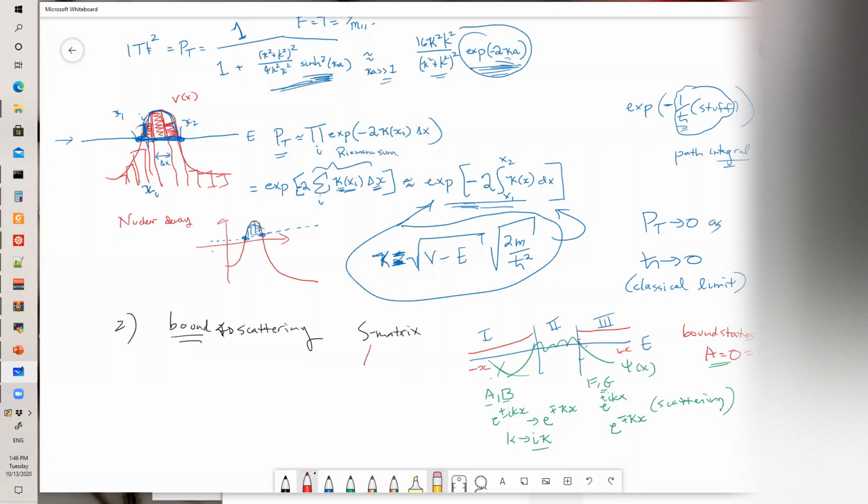And if we recall the S matrix, what does it tell us? The S matrix connects the in and out states. It takes the in states, which in this case are A and G, and connects them to the out states, which are B and F, the reflected and transmitted waves. So what would the S matrix be for a bound state?